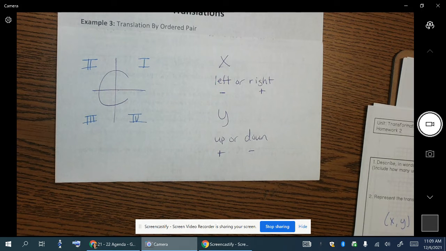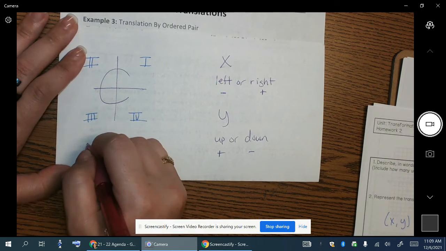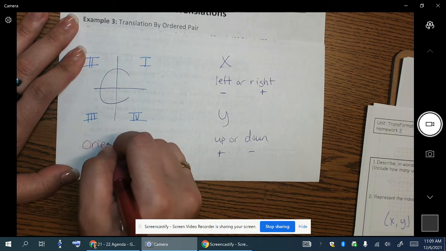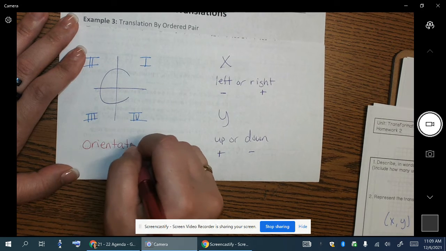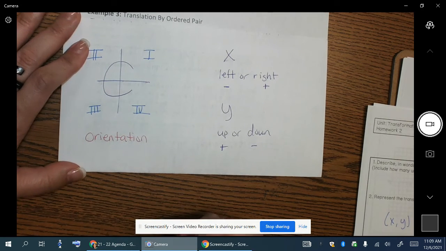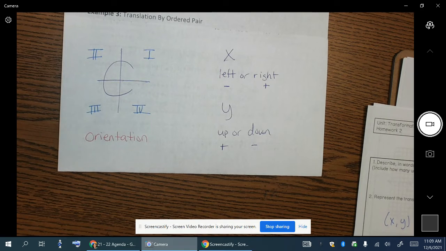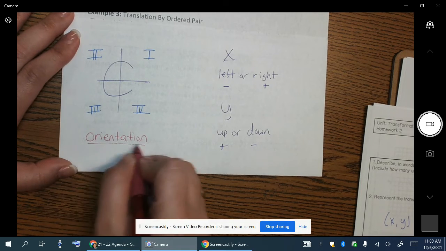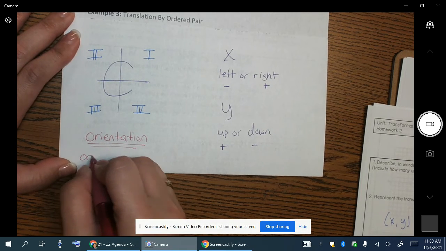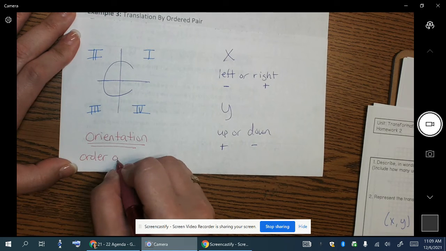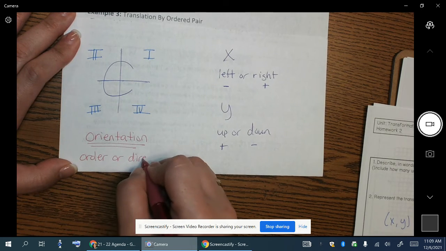And then one word you're going to see is orientation. So orientation is going to mean the order or the direction it's facing.